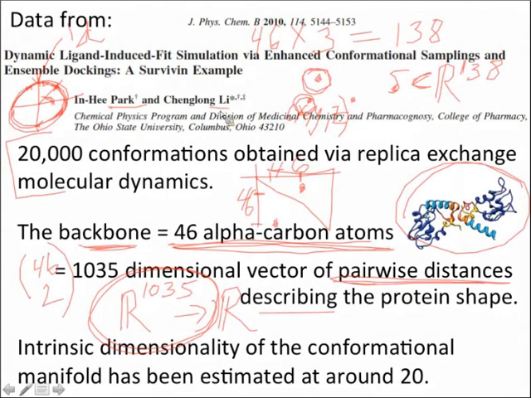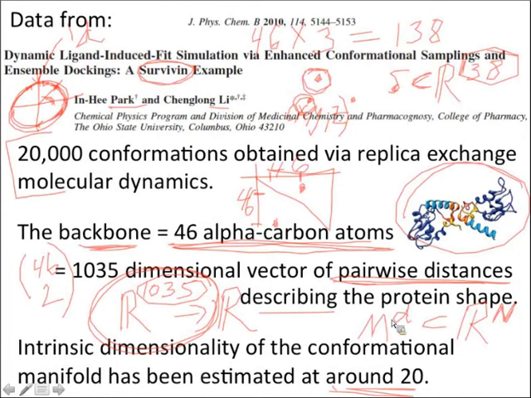This particular protein, we're looking at this survivin protein, it's been estimated that it's actually about a 20-dimensional space. So you've got a 20-dimensional manifold living in some higher dimensional space, whether you want to take that higher dimension to be 1035, 138, or something smaller after you mod out by translations and rotations.